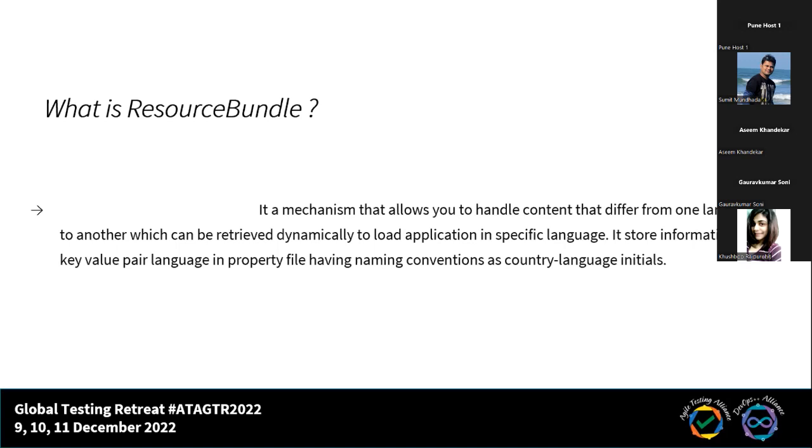So let's start with the resource bundle. It is actually a mechanism to handle the content which is available in every language. Say there is one app or one website which supports at least 3 to 4 languages, or multiple languages. There will be some content which might differ from language to language, like a label, a menu, some messages, welcome messages, and currency. That content would be different from one language to another.